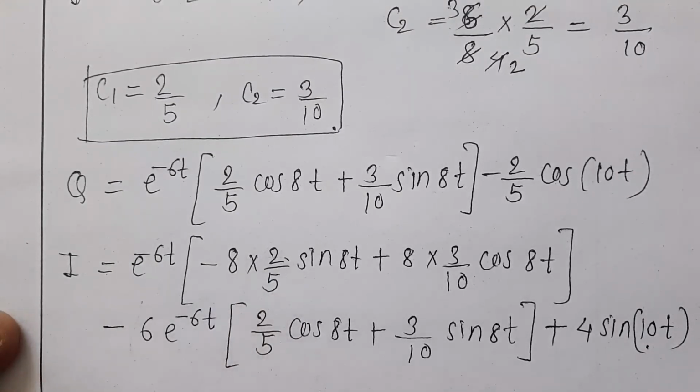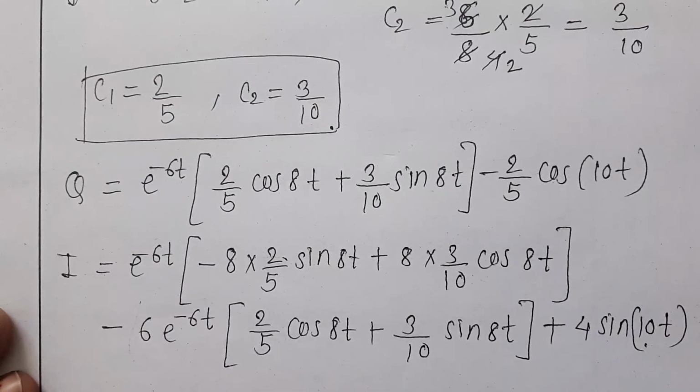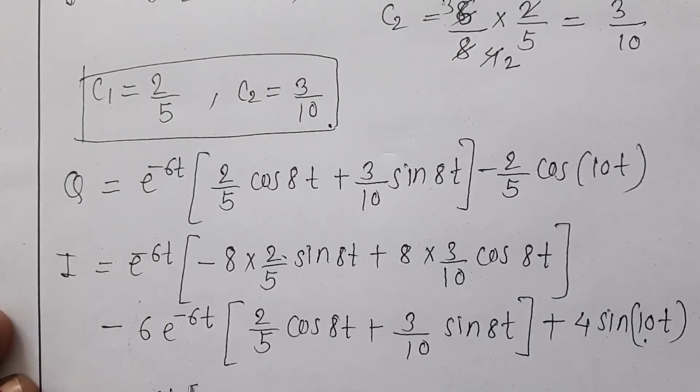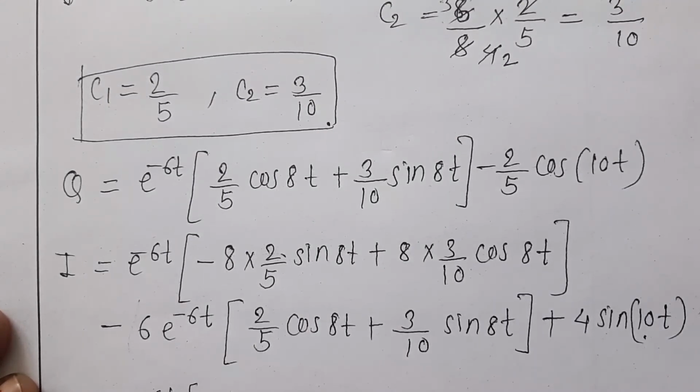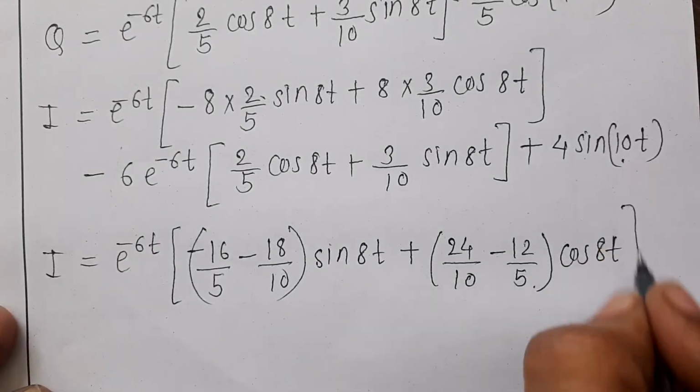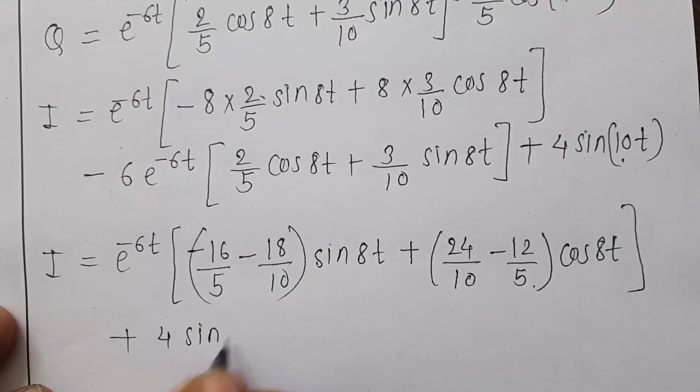You can simplify it further by combining these two terms. You will get I equal to e to the power minus 6t outside, minus 16 by 5 and minus 18 by 10 times sin 8t, plus 24 by 10 minus 12 by 5 into cos 8t, plus 4 times sin 10t.